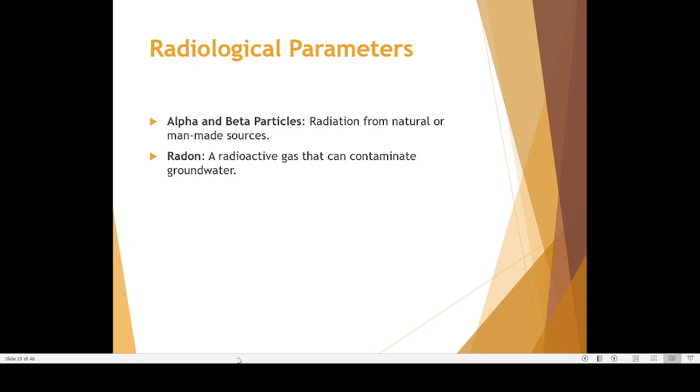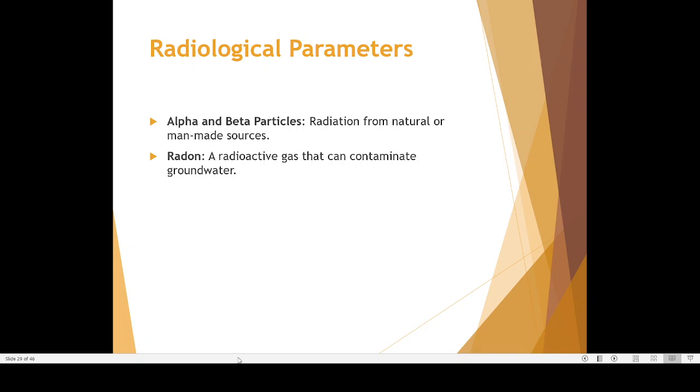Radon is a radioactive gas that contaminates groundwater. So when we are drinking groundwater, always this problem is there. So if you are continuously, regularly taking groundwater, it is very important that you check this groundwater for the presence of radon, for the presence of nitrate, for the presence of arsenic, or for the presence of copper.